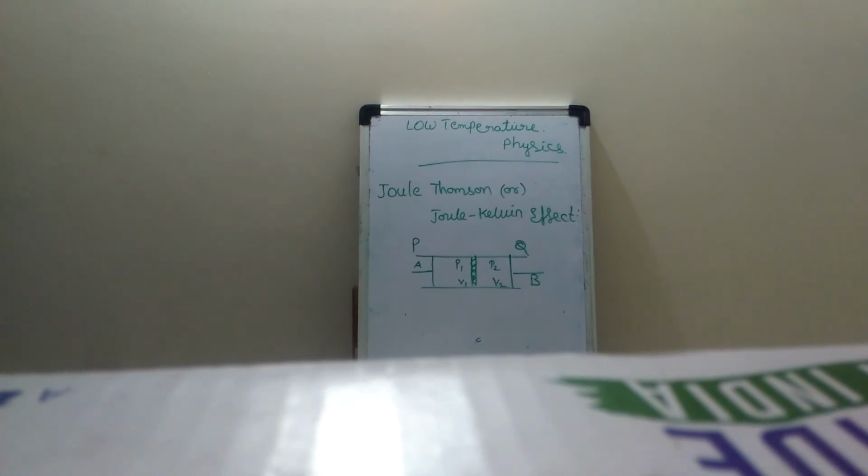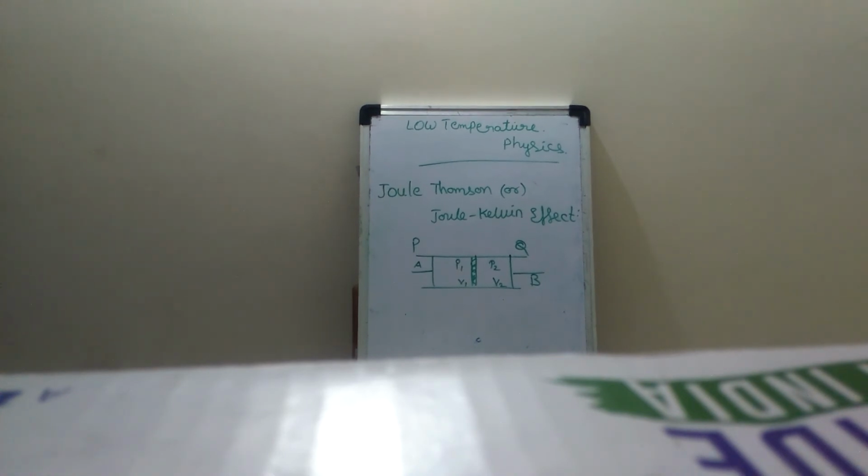Because the compartments are thermally insulated, the piston is moved very slowly. Let P1, V1, T1 represent pressure, volume and temperature on the high pressure side, and P2, V2, T2 similar quantities on the low pressure side. Let U1 and U2 be the internal energies of unit mass of gas before and after passing through the porous plug.